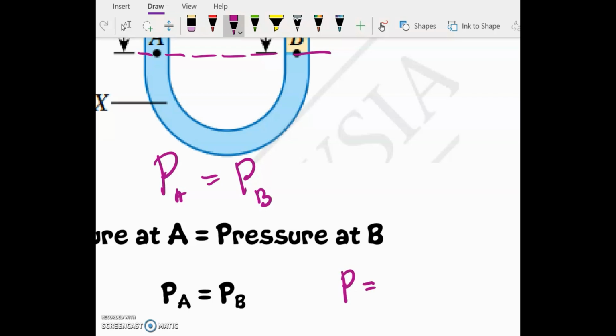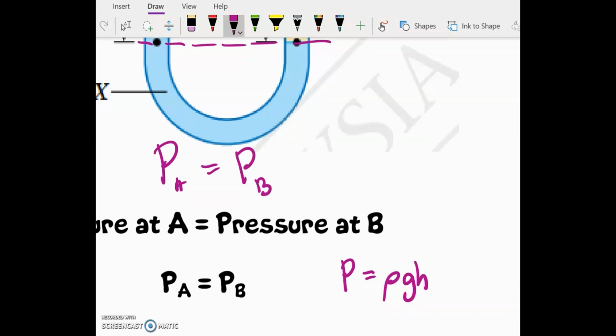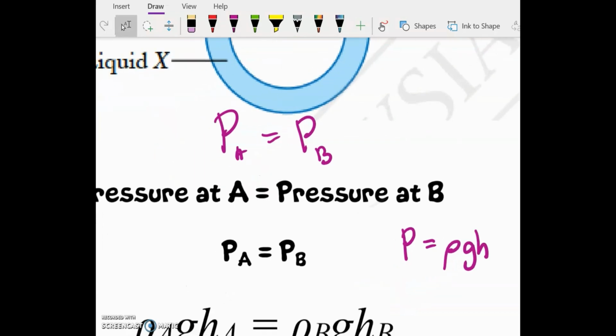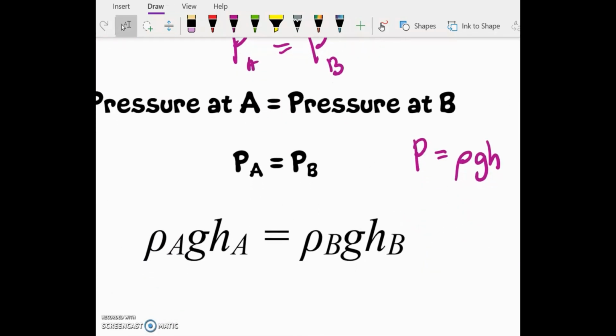You already learned that P is rho g h, so you break it down one by one. Pressure of A is rho A times gravitational acceleration times height of A, equals rho B times gravitational acceleration times height of B.